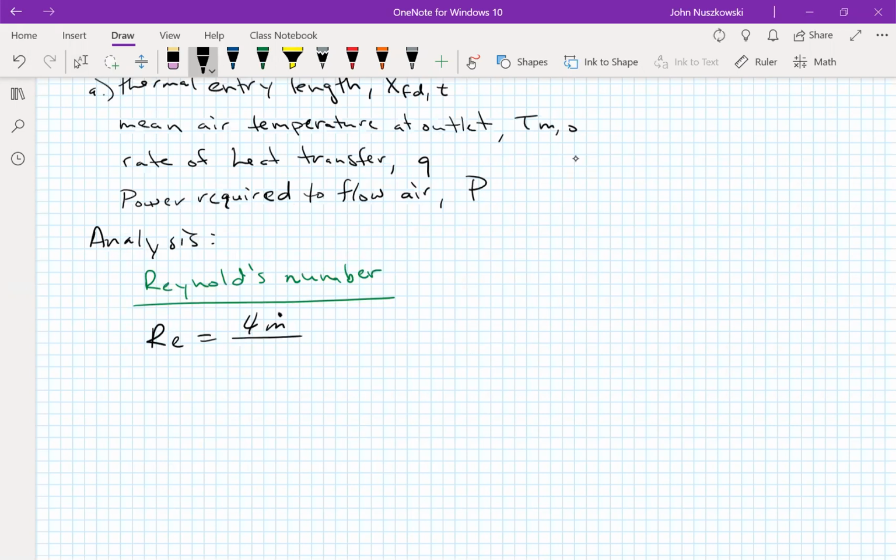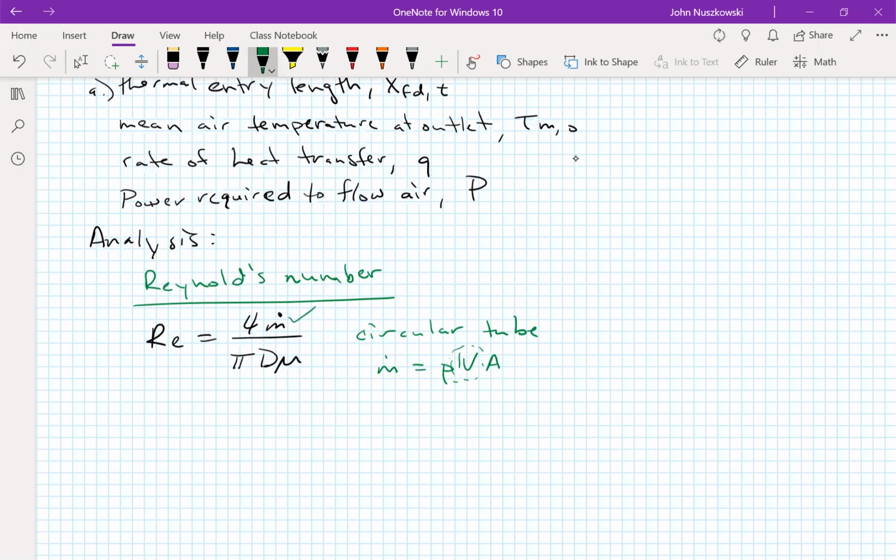Within internal flow, we have a nice version of the Reynolds number that deals with mass flow rate. This is for a circular tube. They put in mass flow rate, density, velocity, and area, and when they substitute velocity into the original Reynolds number, we can manipulate it and you get this nice one we see here.